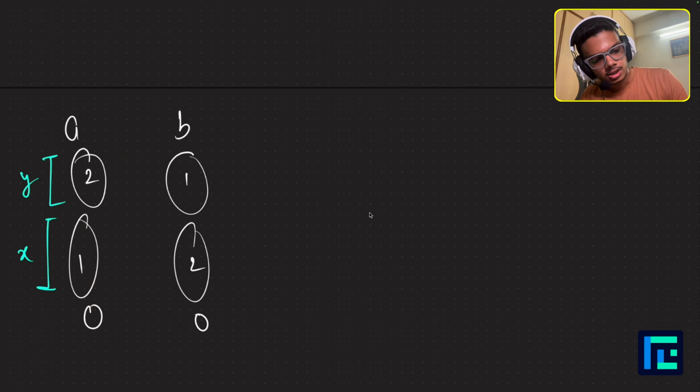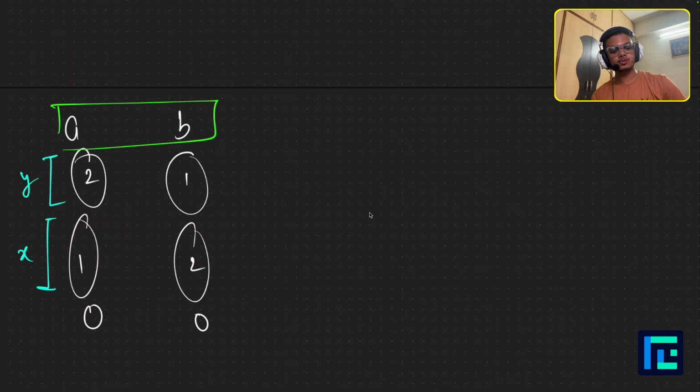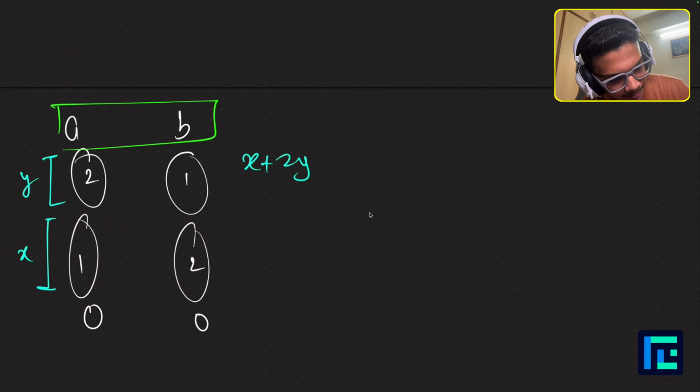Now if a valid answer has to exist, that is, if you are actually able to reach from 0 0 to A B, what has to happen is this: X plus 2Y has to equal A. Simple.